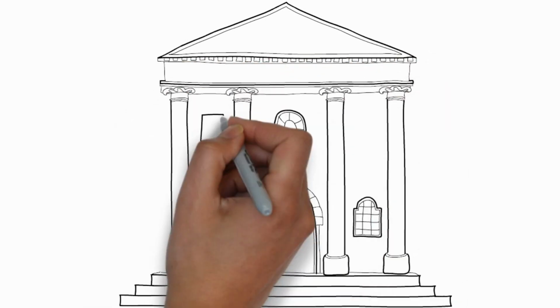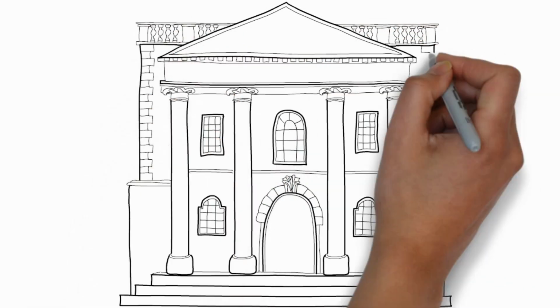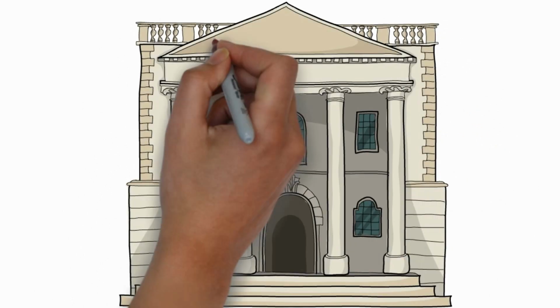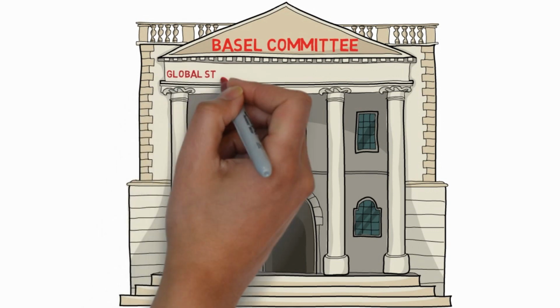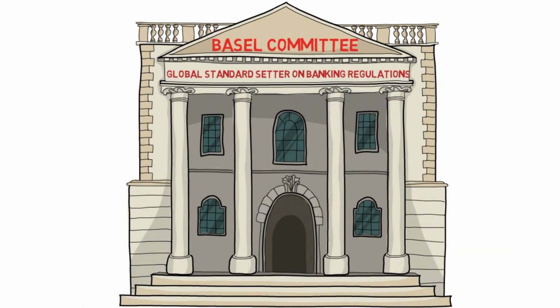Next is the Basel Committee, which is a global standard setter for the regulation of banks worldwide. The main point to focus on here is that it has introduced different principles and papers at different times regarding various provisions of anti-money laundering and combating financing of terrorism that financial institutions should apply.